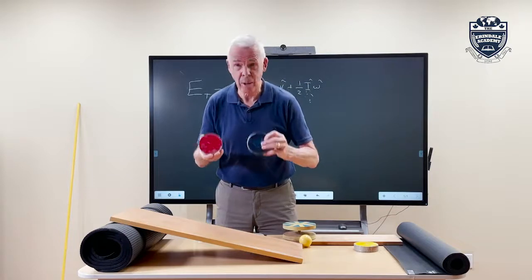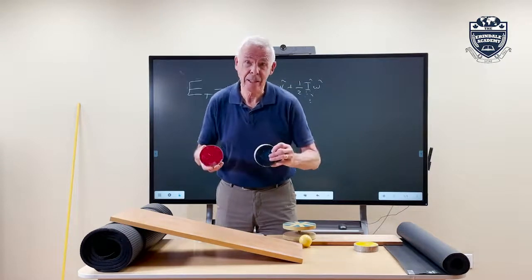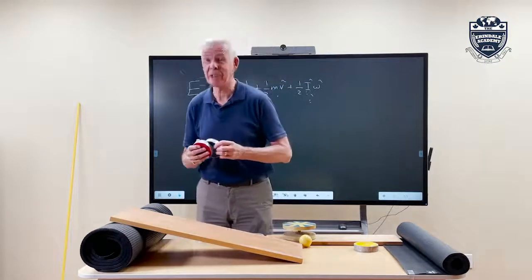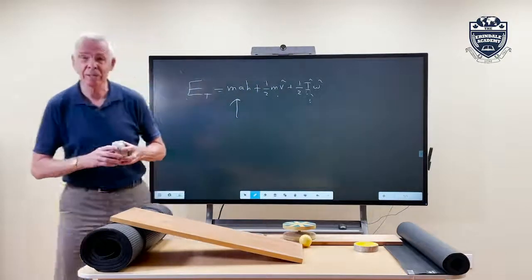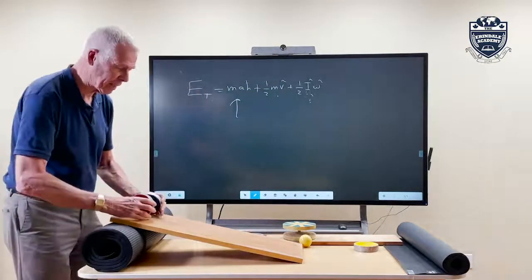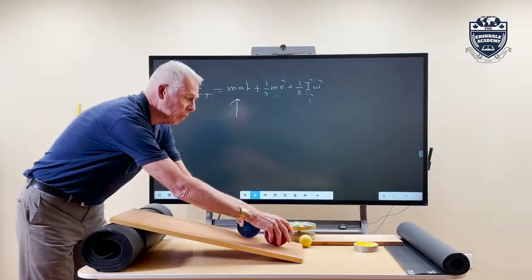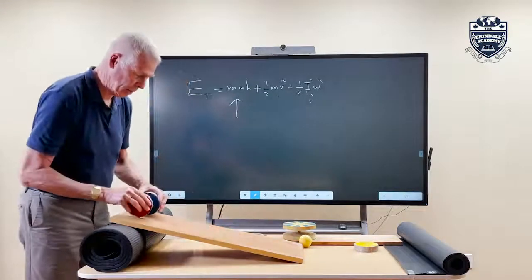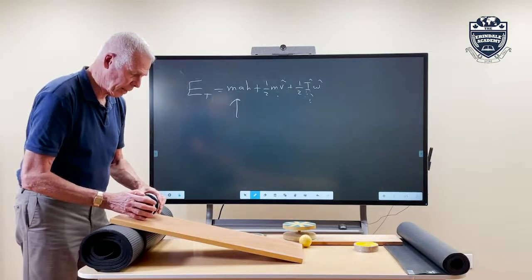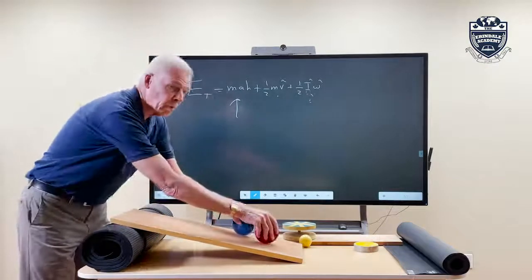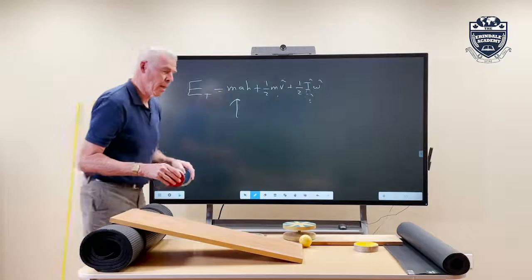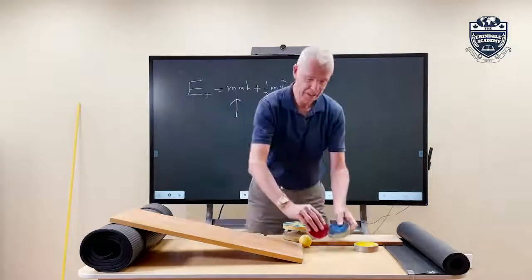They have the same weight. They're the same width. Everything about them is the same except for one thing. And that one thing definitely will affect the outcome of a race. Ready? Go. The red one won. Let's try it again. The red one wins again. I wonder why that is.